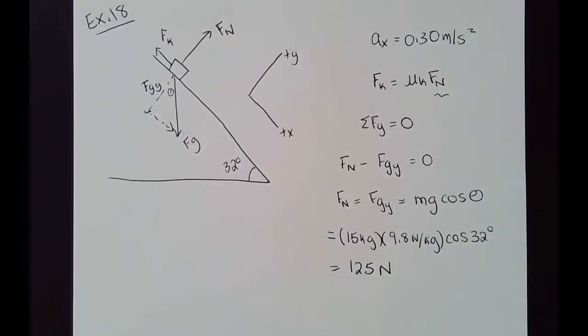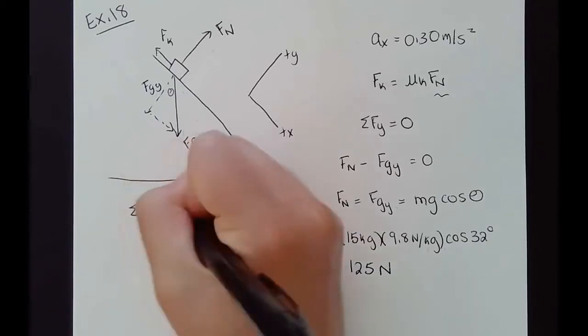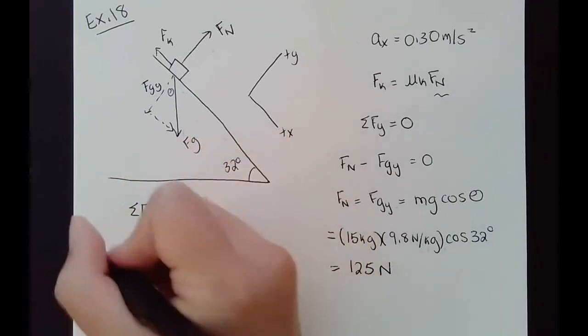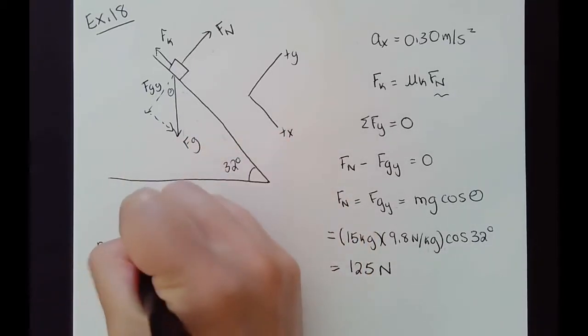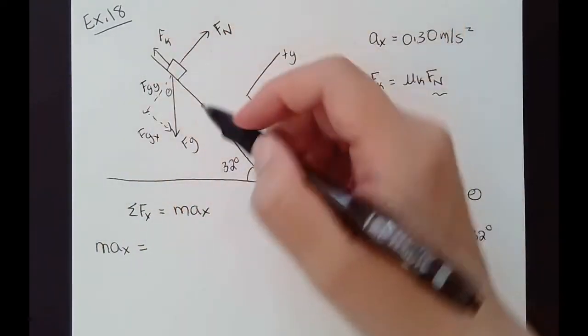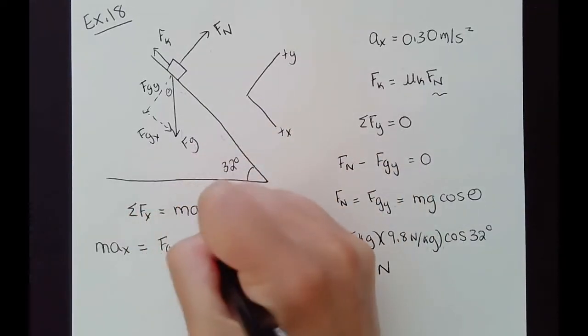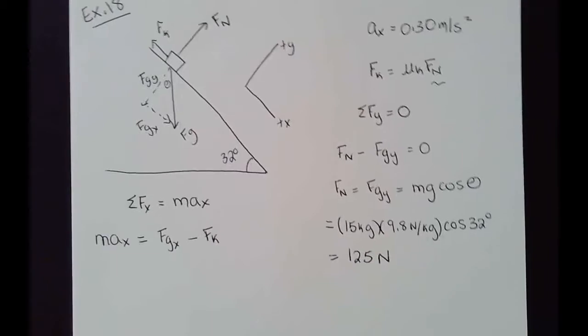All right, so now let's look in the x direction to find the acceleration. Net force in the x direction equals max, so we have max equals this x component, Fgx, of gravity minus the force of kinetic friction. So let's plug in for that.